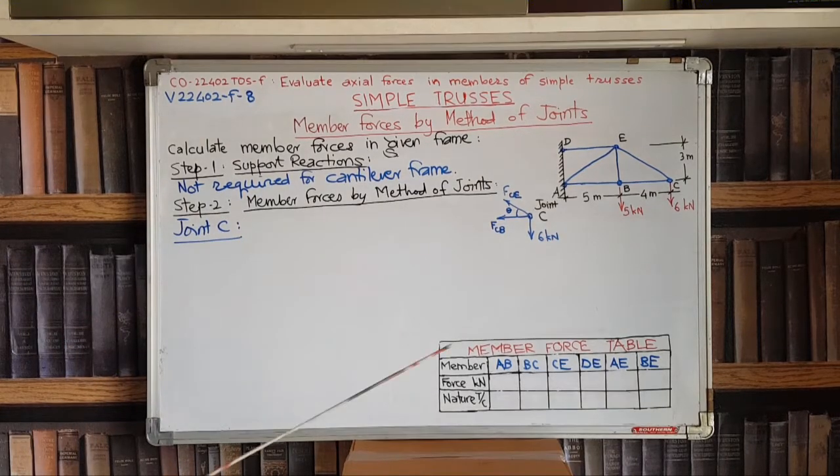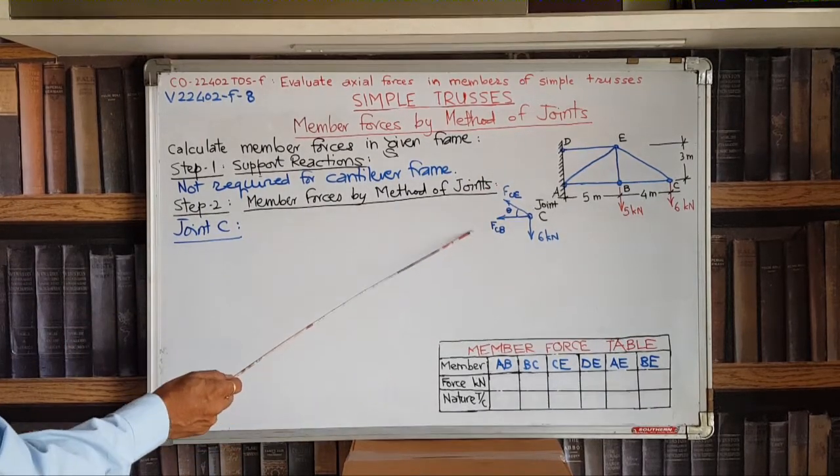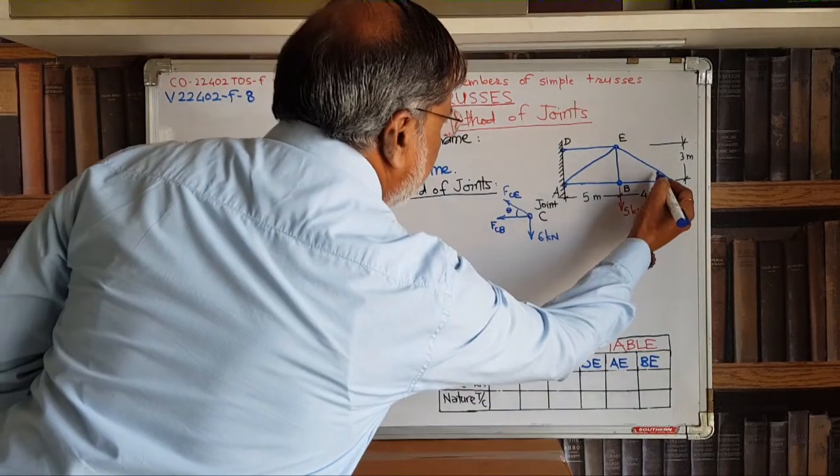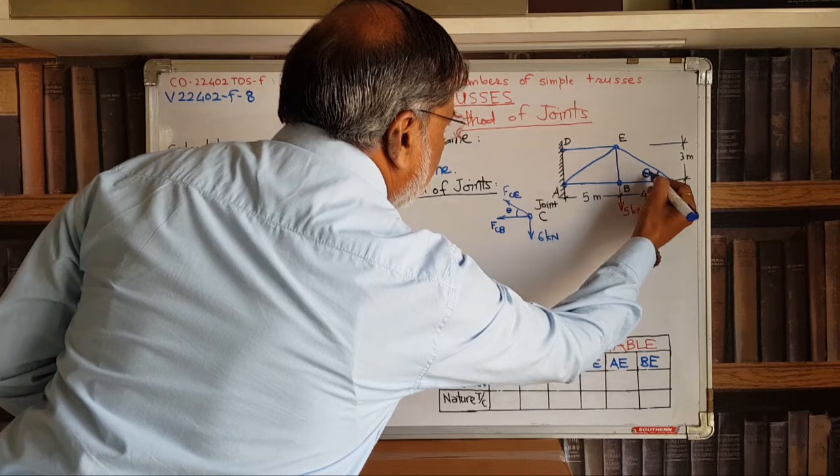So here we see the free body diagram of joint C. We will apply the conditions of equilibrium to this joint to get the member forces. Before we start our problem, we will have to first calculate the angle theta. So the angle theta is this angle.